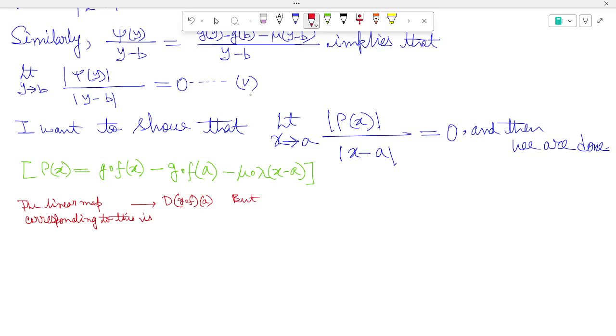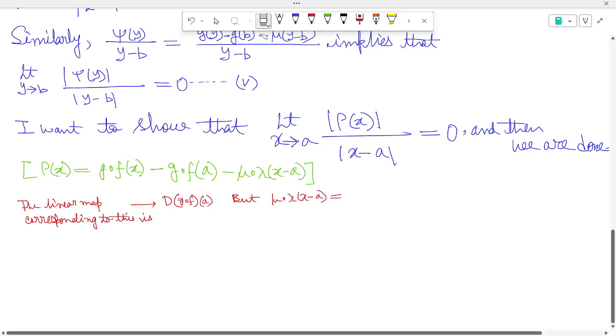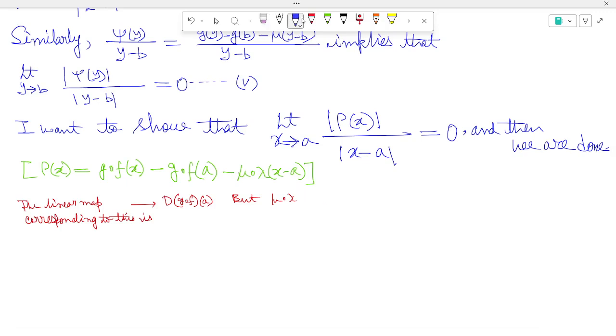But what is this? But mu compose this thing. It is a linear map again.